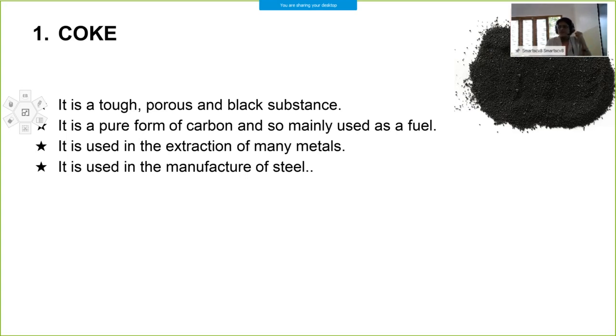What is left behind in that test tube as a residue is coke. It is mainly carbon, so it is used as a fuel, and a very important use of coke is that it is used as a reducing agent in the extraction of many metals.